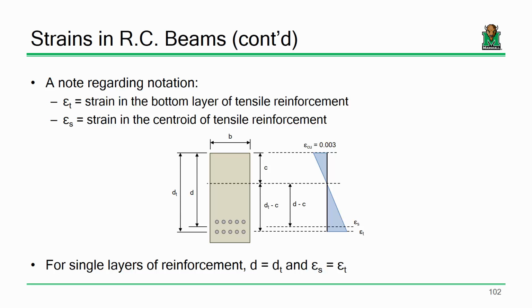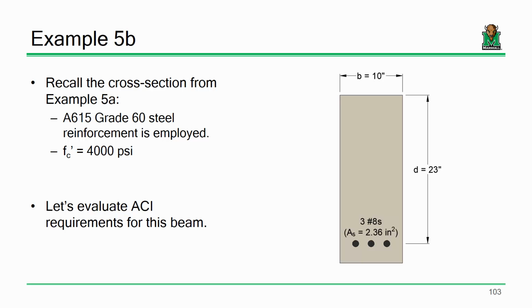Honestly, we're really not going to deal with this very much in here because most of the beams that we design, we're just going to design a single layer of reinforcement. But I just want you to be aware that in those slides, if you ever saw any sort of discrepancy or difference between epsilon sub s and epsilon sub t, epsilon sub s is at the center, epsilon sub t is at the very, very bottom. But again, those are mostly going to be the same for everything that we do in this semester because we're only going to be talking about a single layer. Does that sound good? Any questions so far?